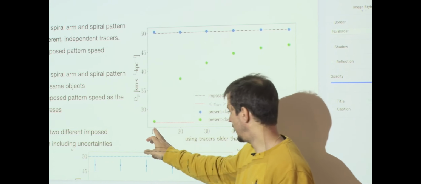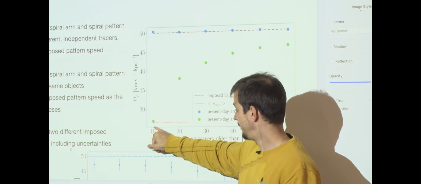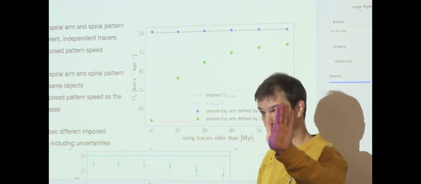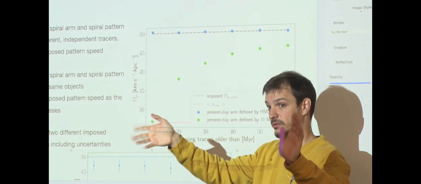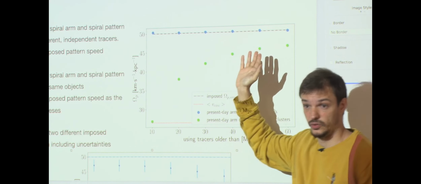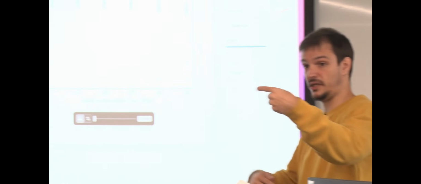If we trace the spiral arms with the youngest population that we know, the larger the age difference between the zero-age spiral arms and the ones tracing the evolution, the closer it gets to the true value of the pattern speed. That's one case. The second case is, if we have one pattern speed, what if we have different pattern speeds? Can we distinguish them from each other?